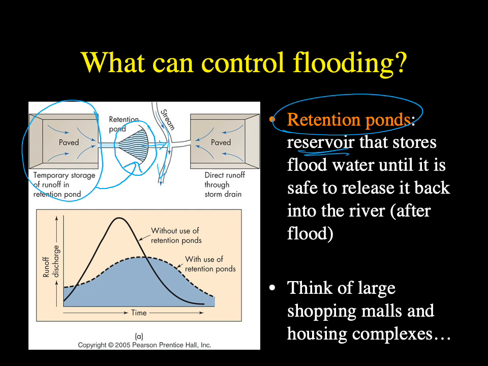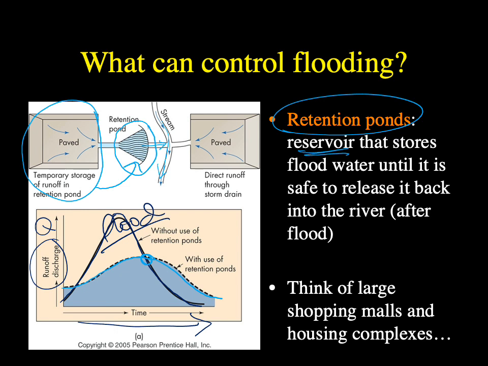If you look at the graph at the bottom here, here's discharge, Q, and here's time. If you don't have a retention pond, you get this massive amount of discharge over a short period of time, and that means you can flood the land surface. However, with a retention pond, you don't ever reach that really high discharge, and it's spread out over a long amount of time.